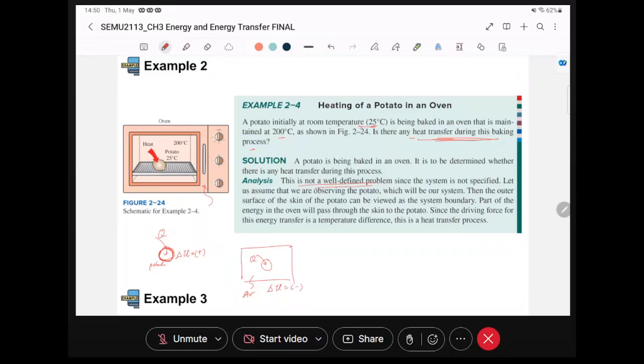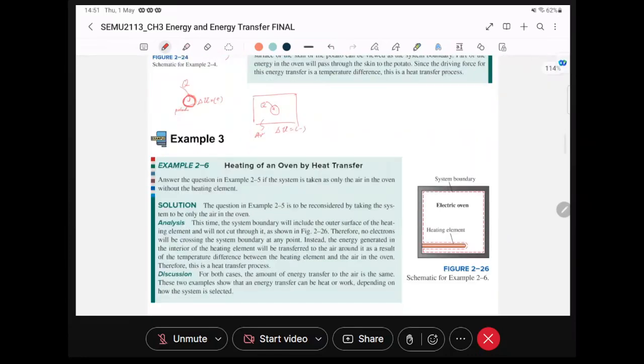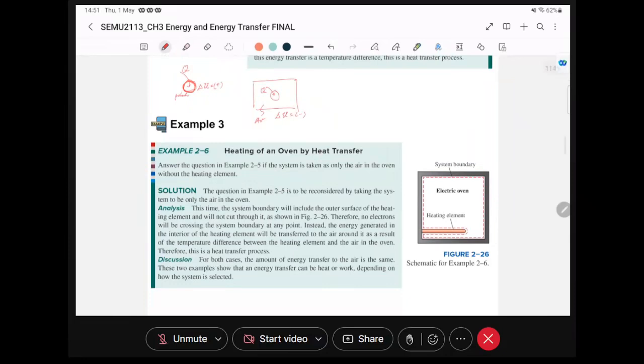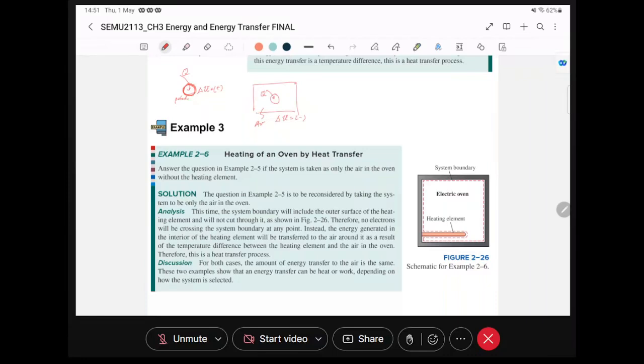Okay. But if here, okay, same oven just now. Now the question wants us to take the system only as the air of the oven.